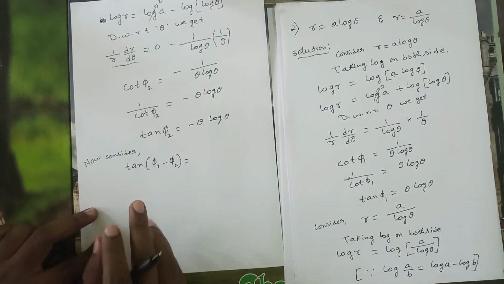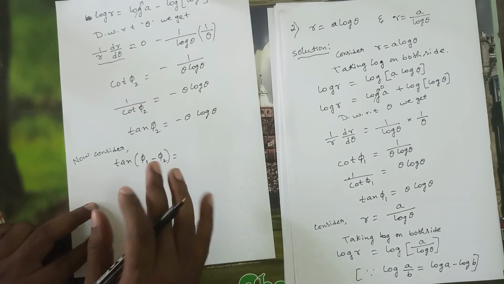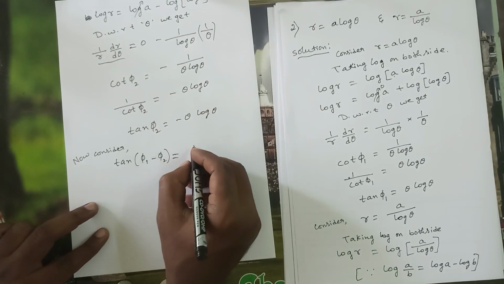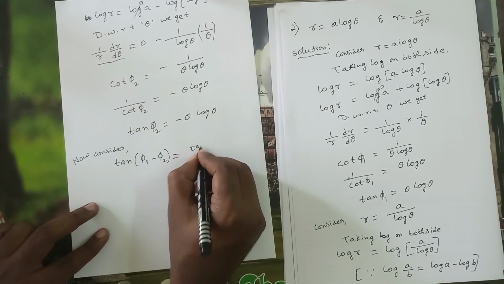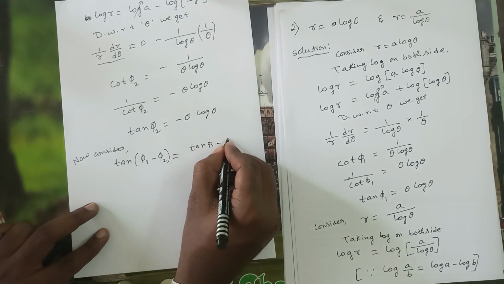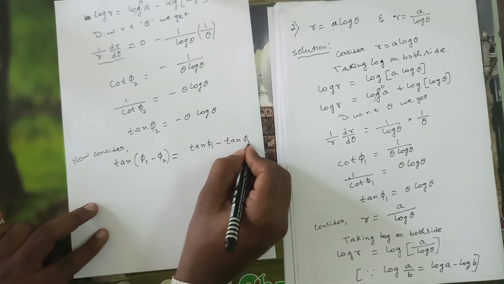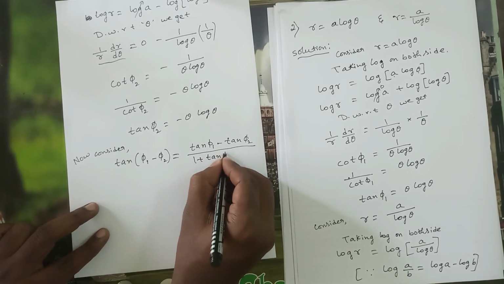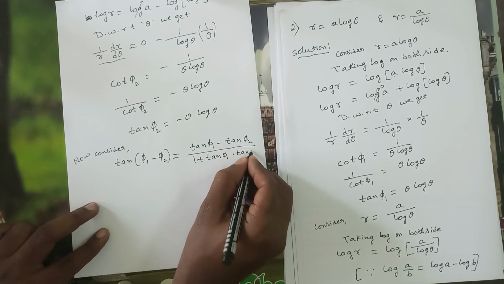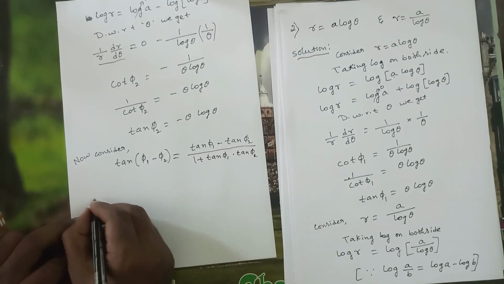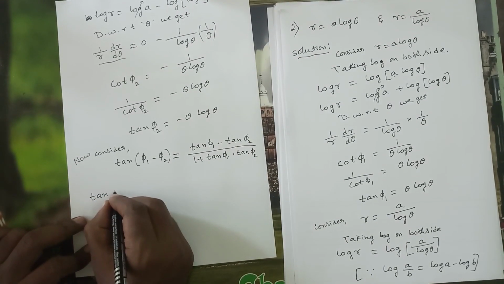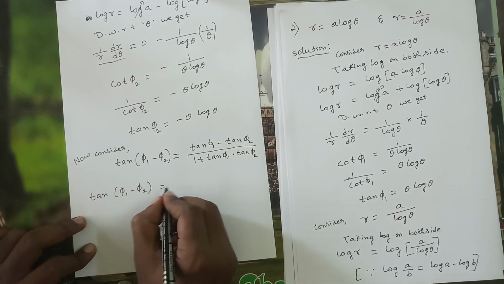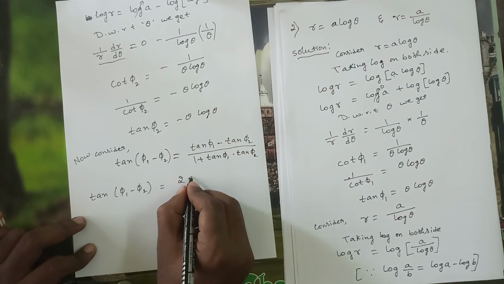You have to find the angle value, so tan of phi 1 minus phi 2 equals tan phi 1 minus tan phi 2 divided by 1 plus tan phi 1 into tan phi 2.